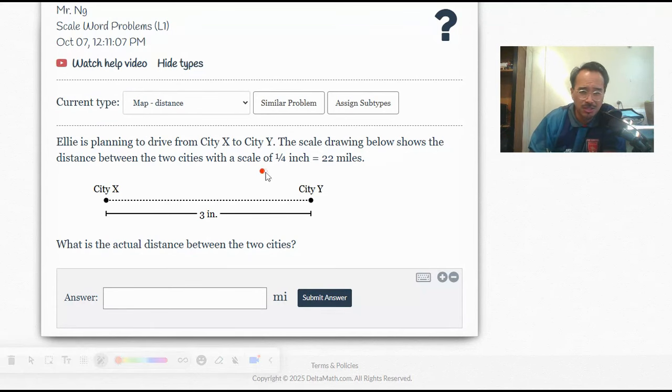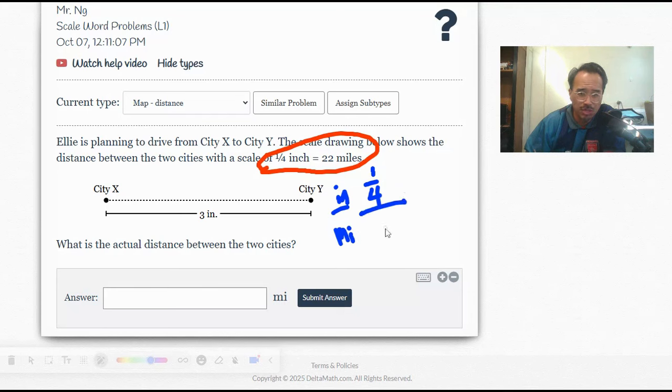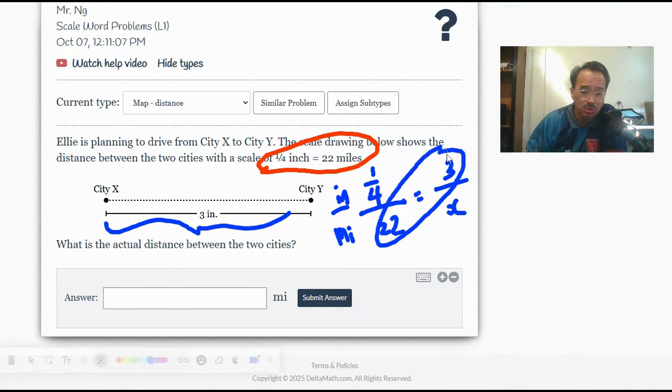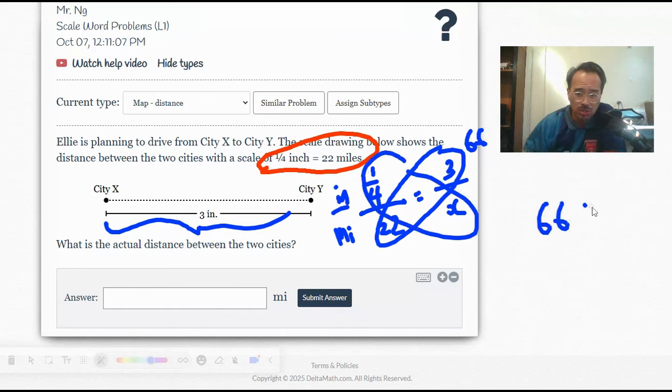And the question is, if a quarter inch is 22 miles, this whole thing is 3 inches, right? 3 inches is how many miles? You got that? So here, we're going to cross multiply. So 3 times 22 is 66. Divide that by a quarter. So you can do this on a calculator, or as I'm going to do it, by hand.